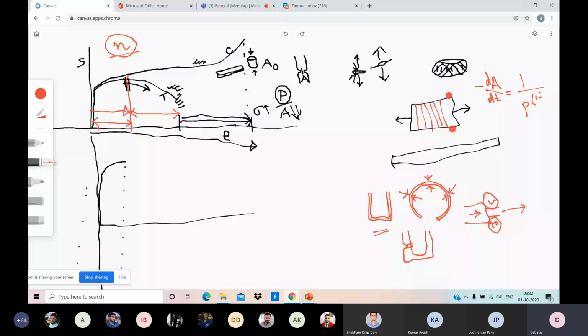Something like that. That was a very important equation, because that dictates necking.